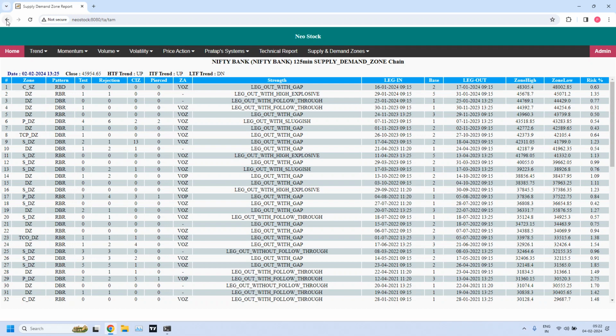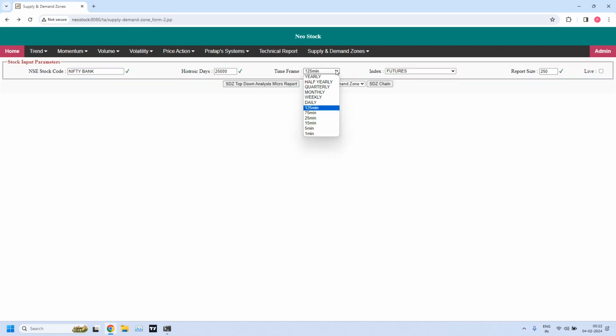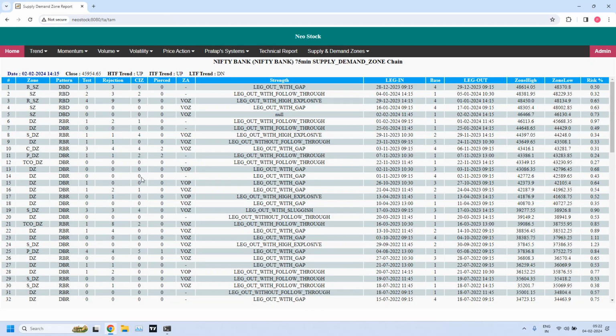So let me go back and change the time frame to 75 minutes. We may get some clarity here. We have supply zones here. This is a recently created supply zone. But here there is a high liquidity supply zone. See how it is holding the prices.